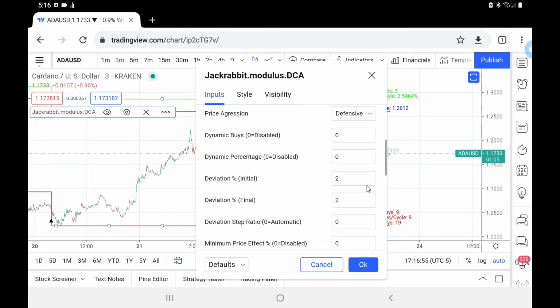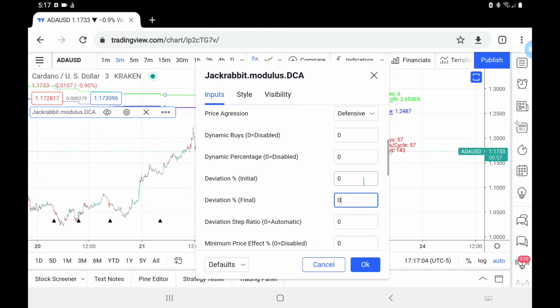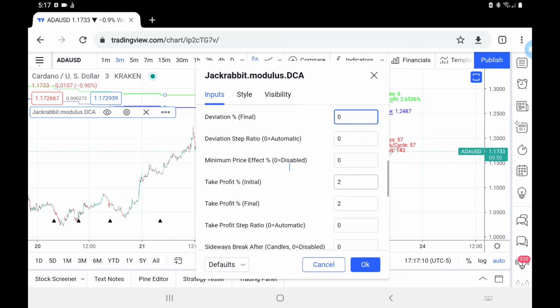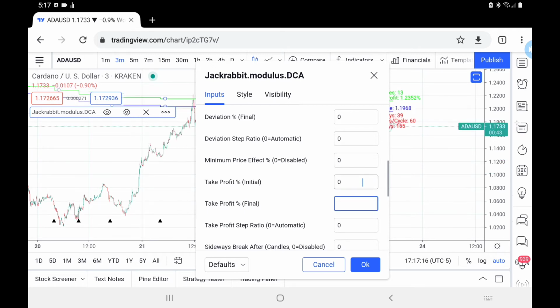Let's make deviation 0. Get rid of all the rules. And we just jumped to 57 positions. Now let's make the selling as organic as possible and get rid of all those rules.